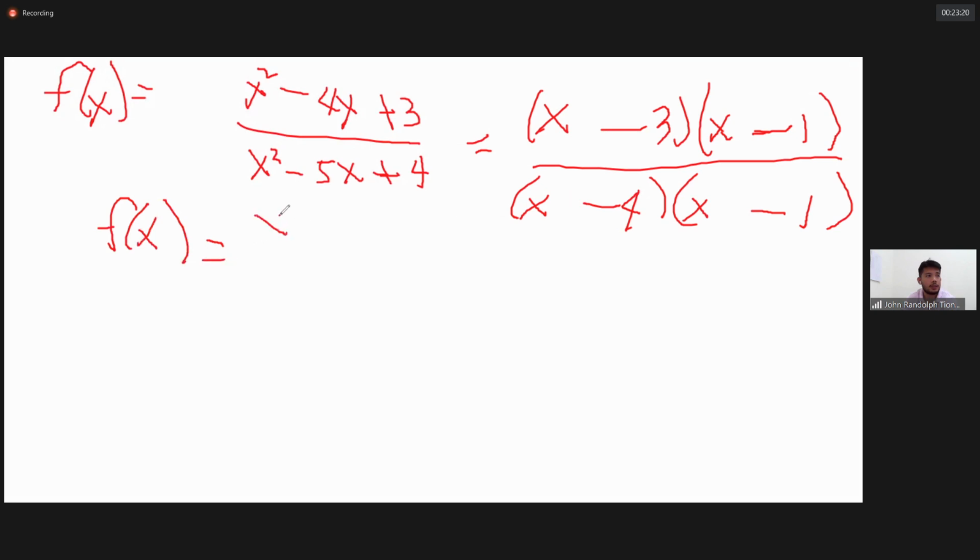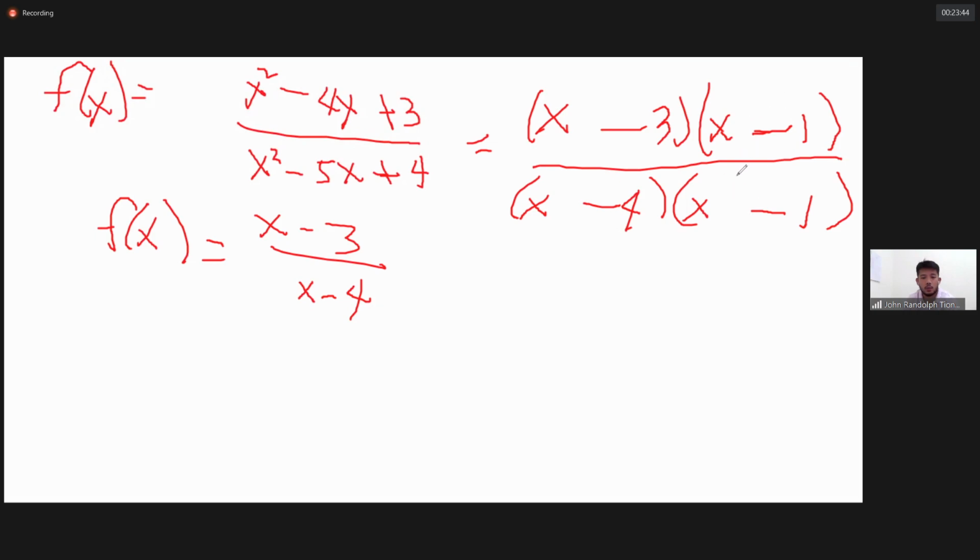equals x minus 3. We are left with x minus 3 and x minus 4, right? So instead of having two vertical asymptotes, di ba, kung i-equate mo sa 0 yung x minus 4 and x minus 1 na denominator natin, this rational function has one hole at x equals 1.